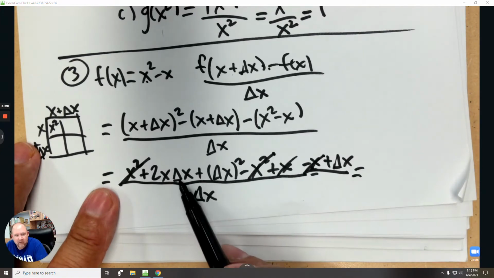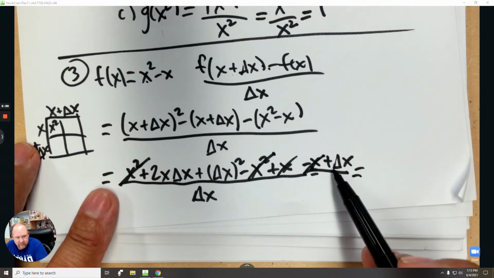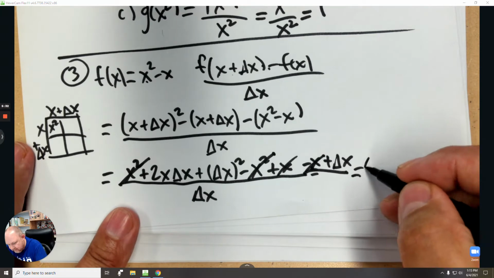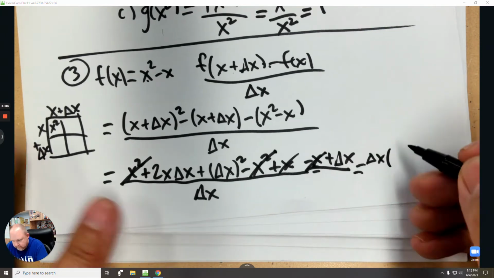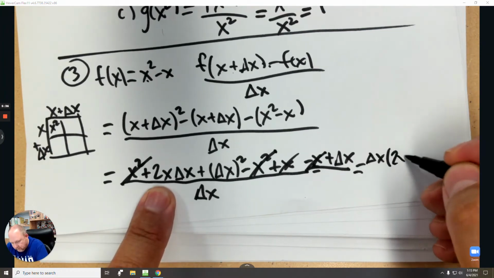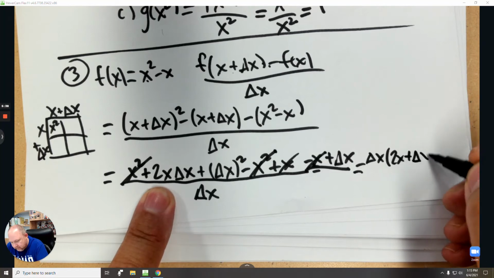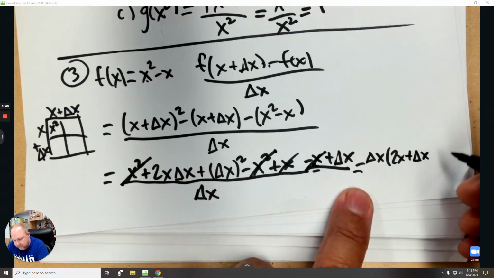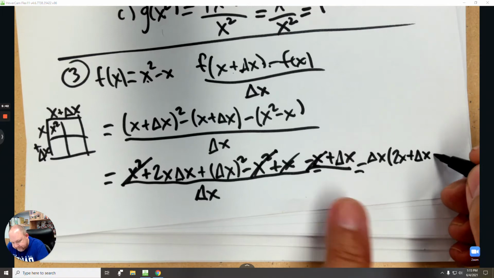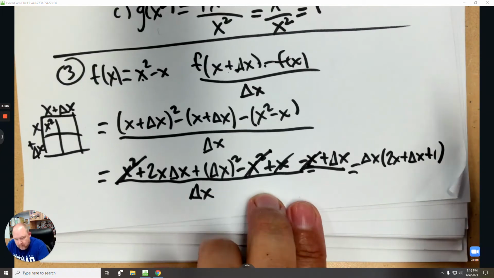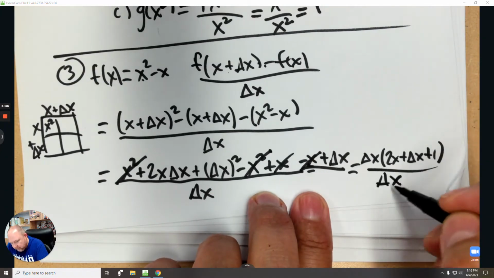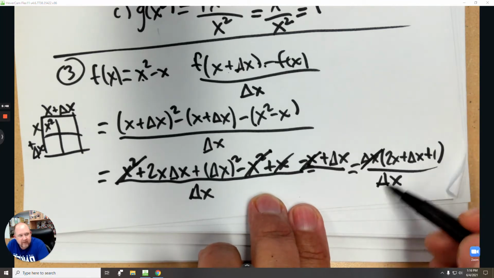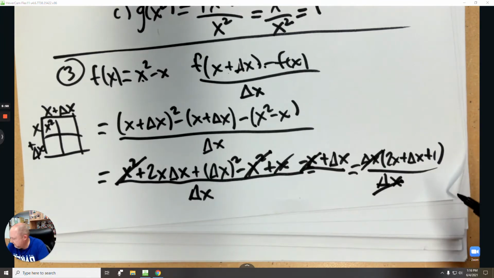Then notice they all have a change in x that I can factor out. This gives me 2x plus the change in x plus 1. And then these can cross out, and that's what you're left with. That's your answer. 2x plus the change in x.